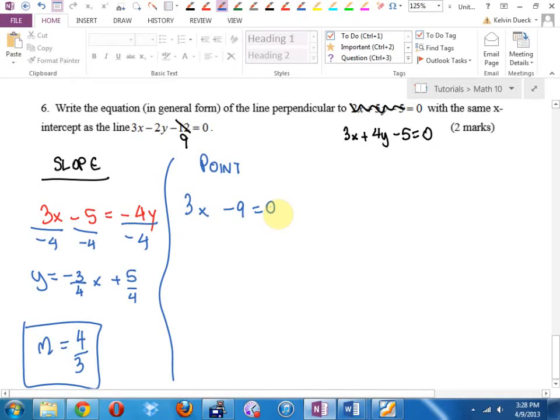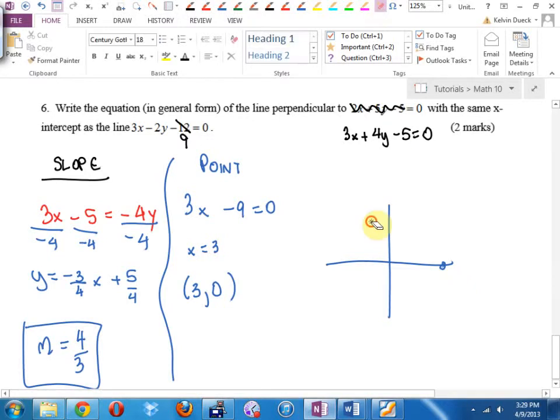By the way, in your head, 3 times what minus 9 is 0? 3. We can plus the 9 over, divide by 3. My x coordinate for the x-intercept is 3, or as a point, 3, 0. Right there is really what we're talking about on a graph, even if I want to go one step further and visualize.